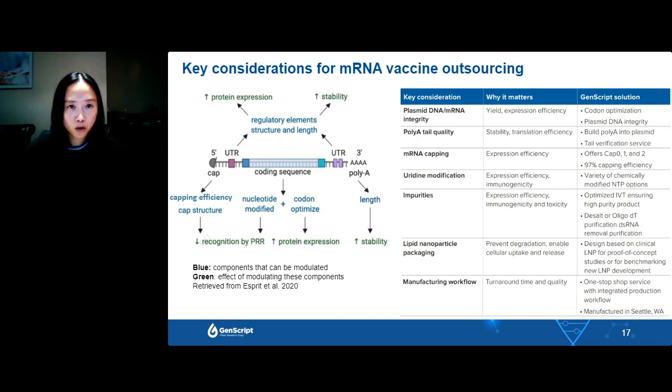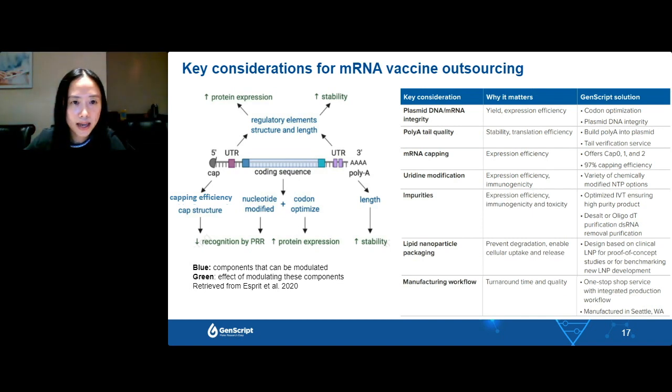And when we want to produce it, there are several key considerations, listed here. When it comes to mRNA, we want to have a good mRNA. If you cannot have it in good quality, it will affect the whole development process.